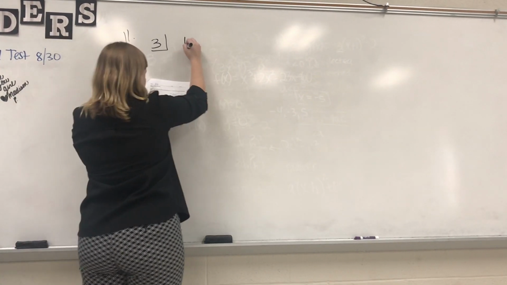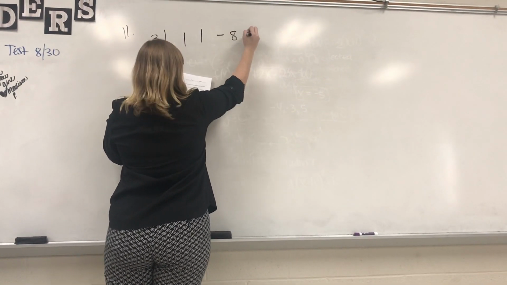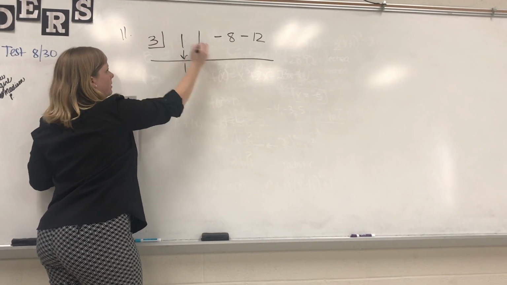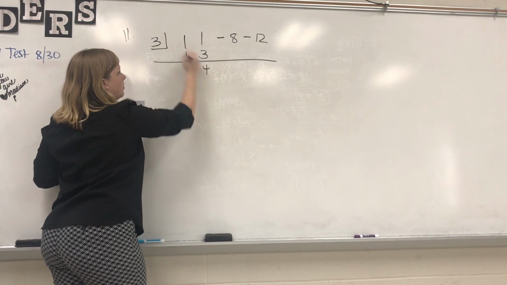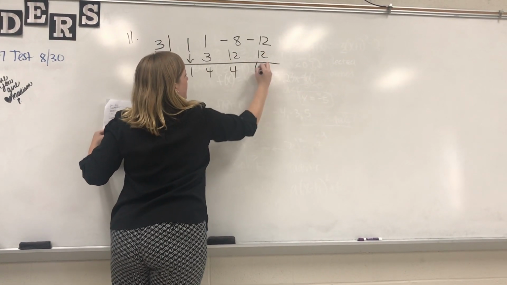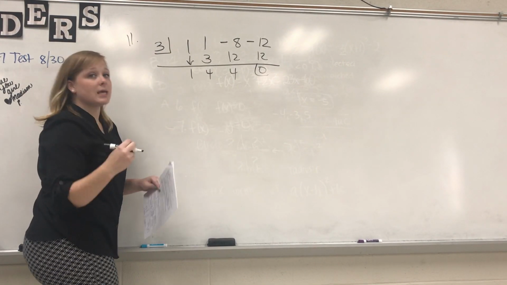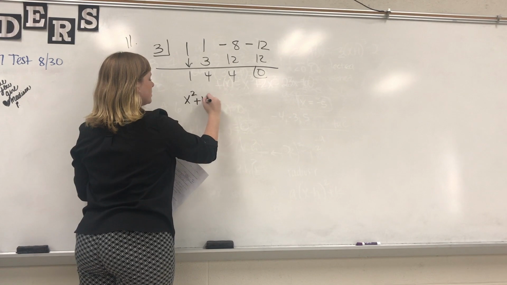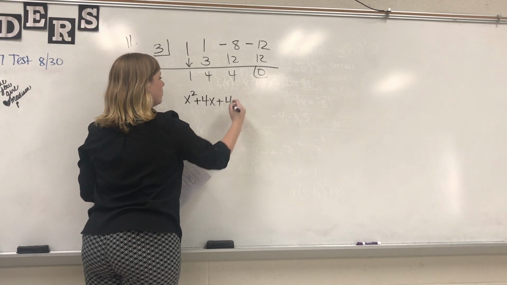I write my coefficients across the top. I drop it, multiply, add, multiply, add, multiply. I got 0. That's what I was supposed to get. That means my quotient is x squared plus 4x plus 4.